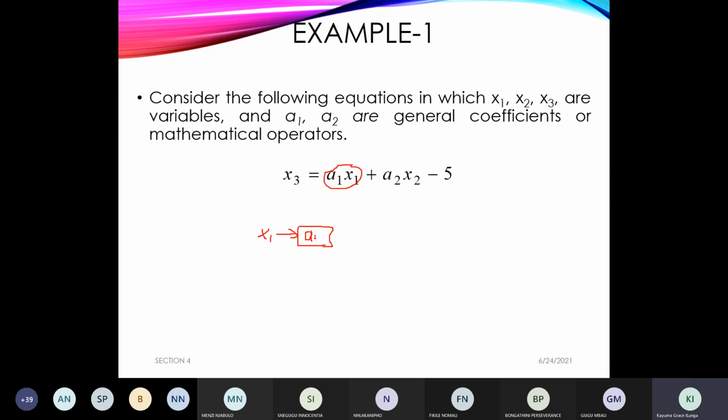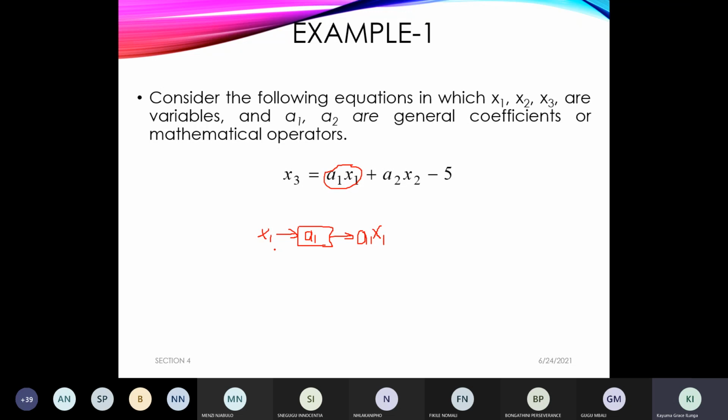The output, as you all know, is equal to the product of the input and the transfer function. So the output will be a1 times x1. This is another way we can represent a1 in terms of block diagram.